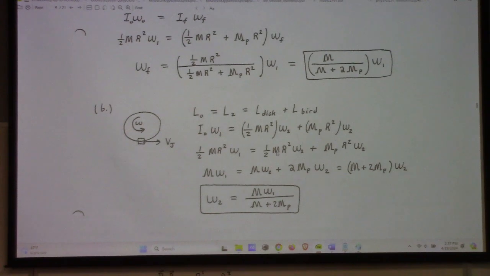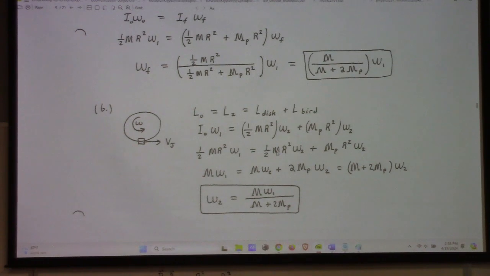I'm sorry, I was just talking myself into this being different. I think it's because the initial angular momentum used M instead of M plus the mass of the parakeet. So there's a mistake here? Where would you say the mistake is?